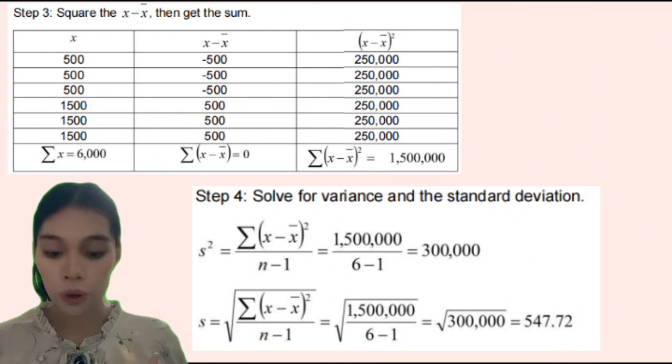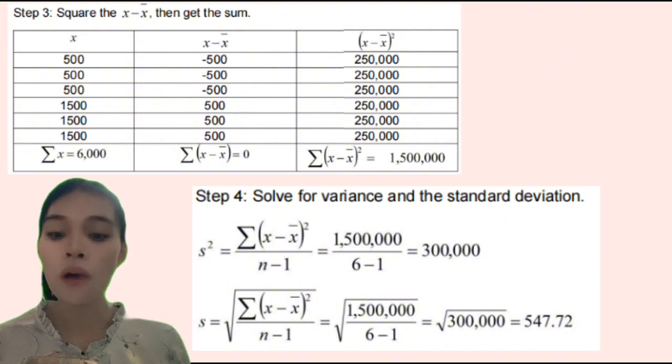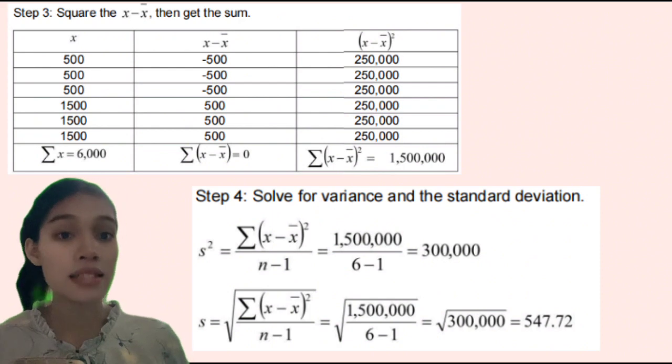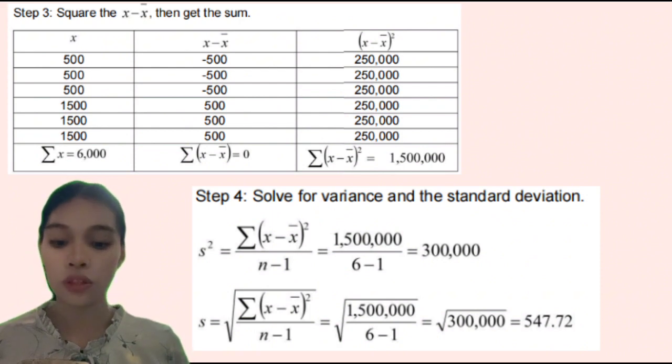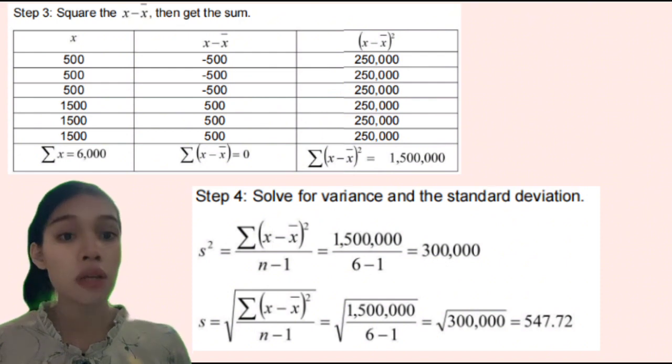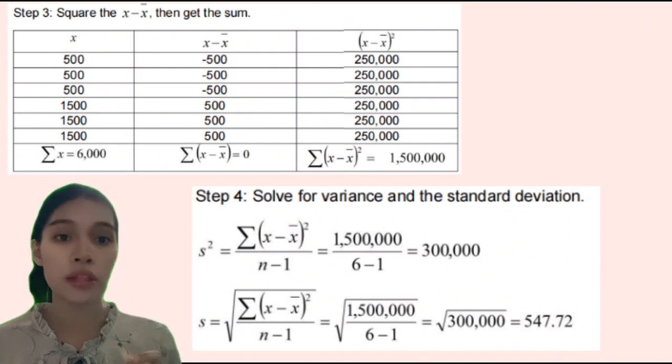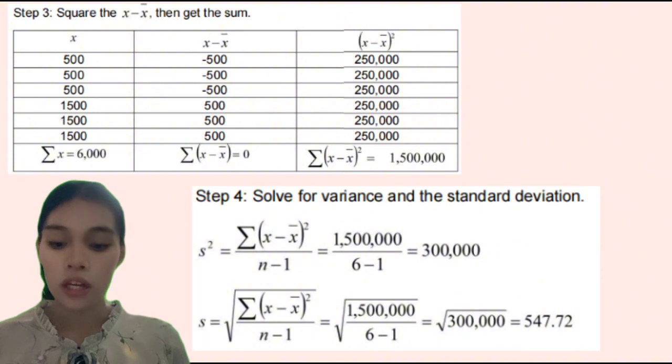We take the sum from the last table that we summed up, which is 1,500,000, and put that in to solve for the variance and the standard deviation.